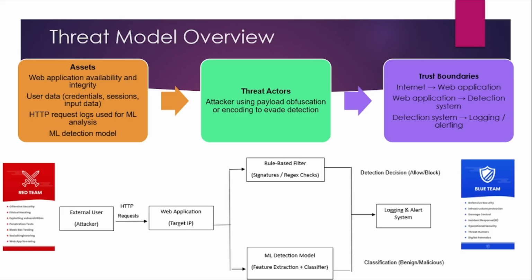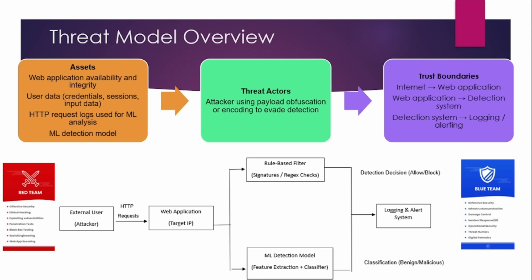So the assets that we have are the web application itself, OWASP Juice Shop, and the information that it holds: username, password, tokens, etc. Then we have the ML detection model and the requests that we're going to use. And for threat actors, the attackers, we are going to perform different attacks using payloads, obfuscations, and different techniques to evade detections. And for trust vendors, we have the internet, the web application, the detection system, and logging and alerting.